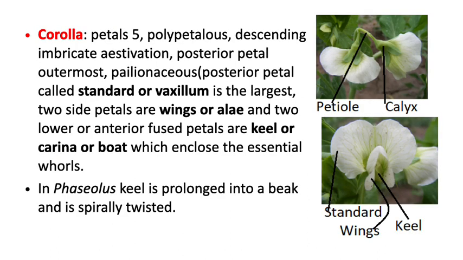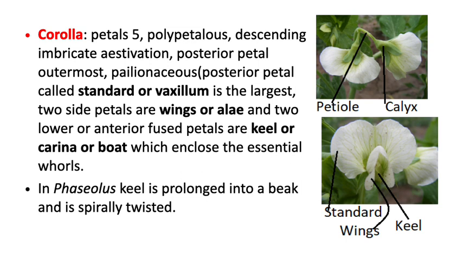Corolla consists of five petals, which are polypetalous, descending imbricate aestivation. Posterior petal is outermost, papilionaceous. Posterior petal is called standard or vexillum, and is the largest.